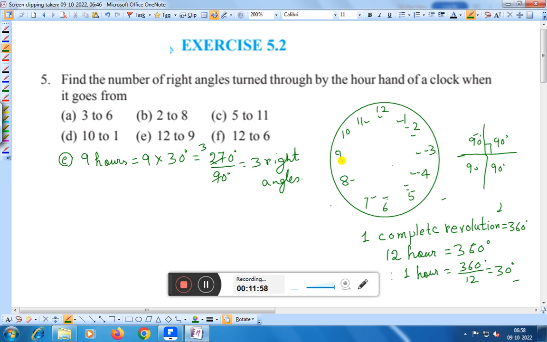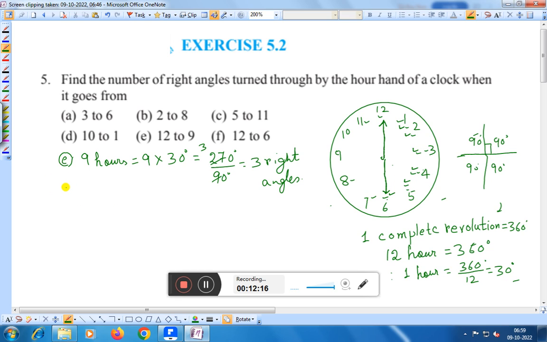This is the center of the clock. It is going from 12 to 6. This is 12 o'clock and this is 6. You have to count the hours. That is 1, 2, 3, 4, 5, 6 hours.